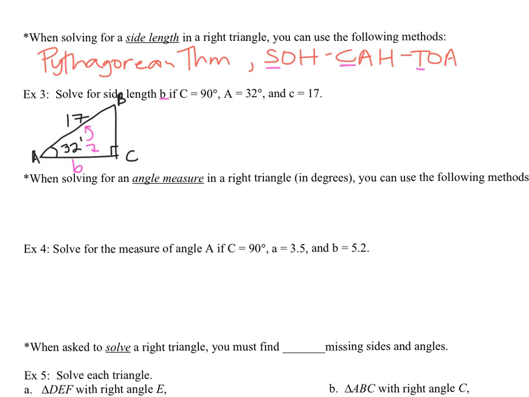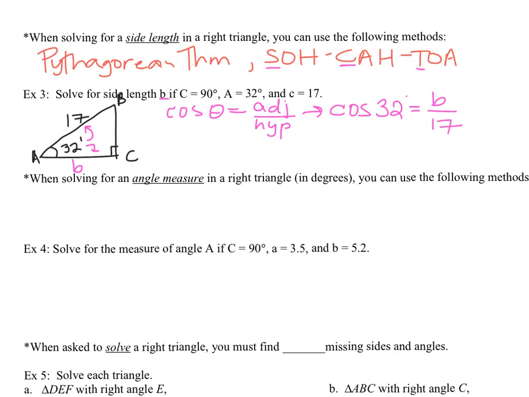That would be the cosine fraction. So we would say cosine theta equals adjacent divided by hypotenuse. For this picture, theta is 32. That means cosine 32 equals the adjacent side, which is B, divided by the hypotenuse, which is 17.